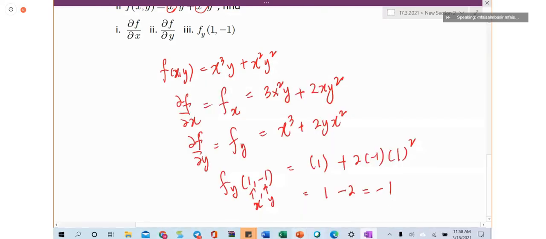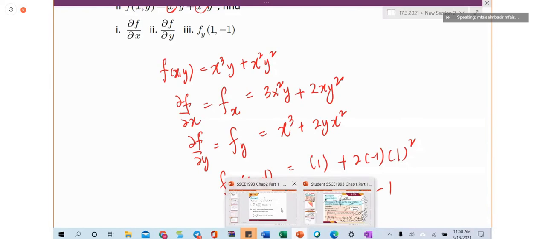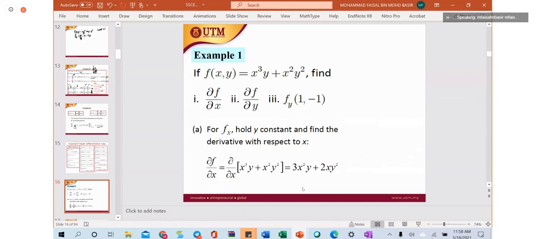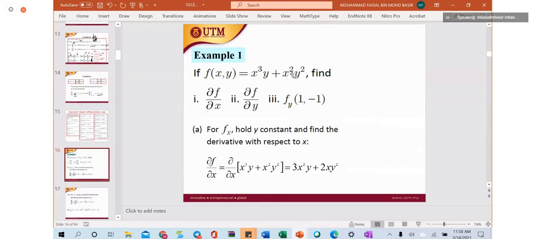Any questions? Can you understand how to differentiate a function of two variables? So this will be 3x squared, 2x. Any questions?